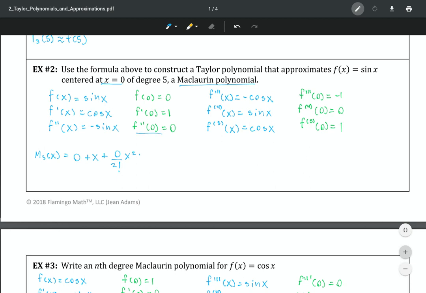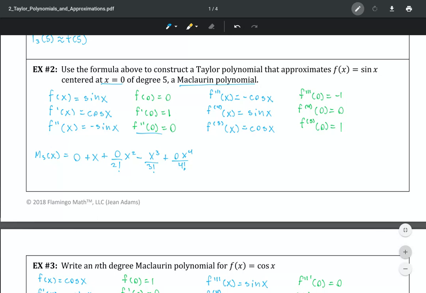Now we have minus 1 times x cubed. Negative 1 times x cubed is just minus x cubed over 3 factorial. The next one is also going to be 0, so we have plus 0 times x to the 4th over 4 factorial.